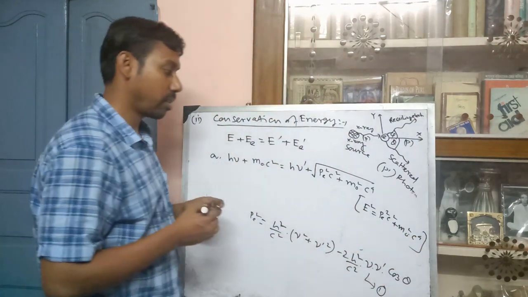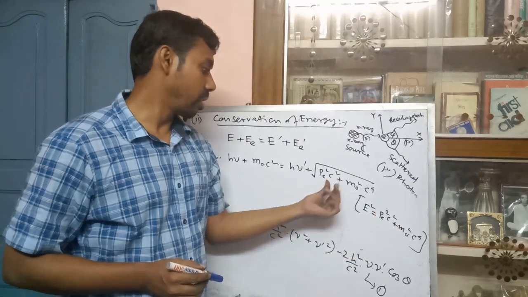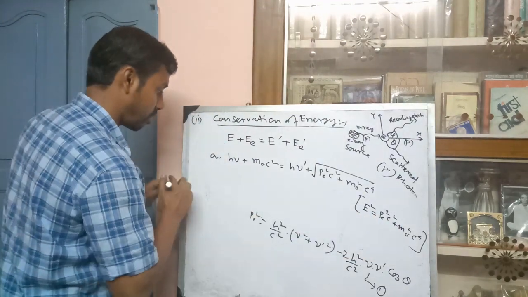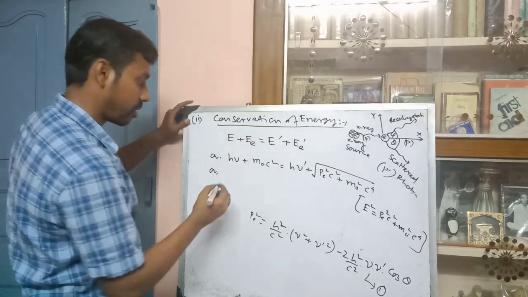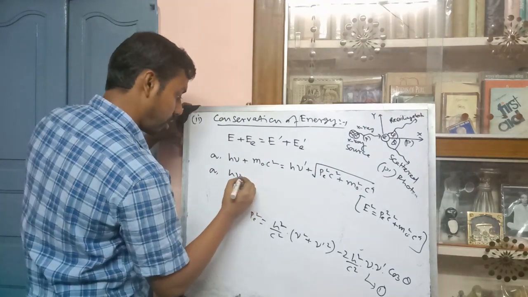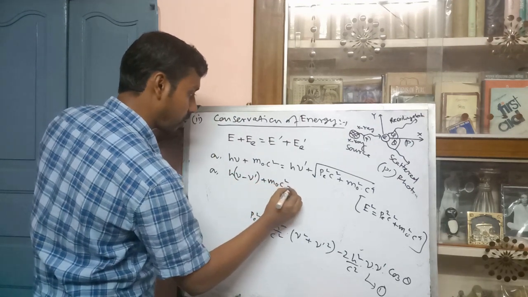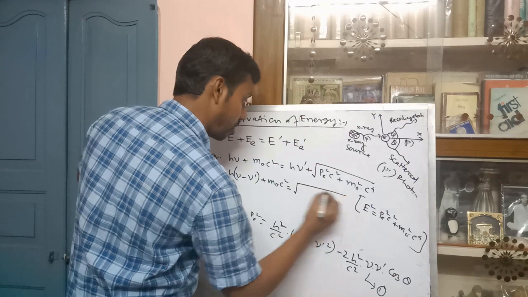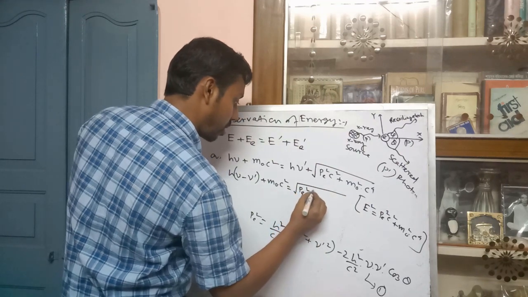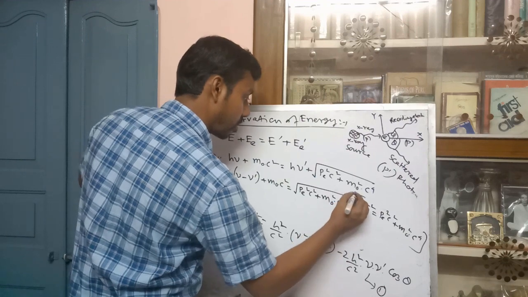From the relativity theory, we know this equation, that's why I am putting this relation. So if we take this side, h into nu minus nu dash plus m0 c square gives you root over of P square c square plus m0 square c to the 4.